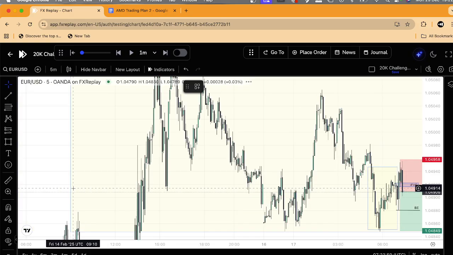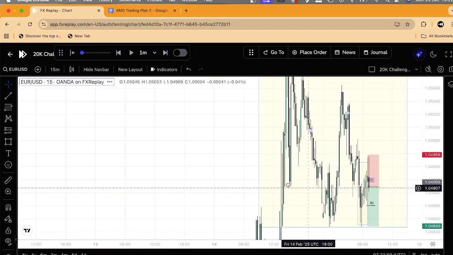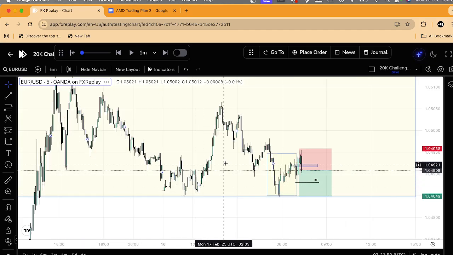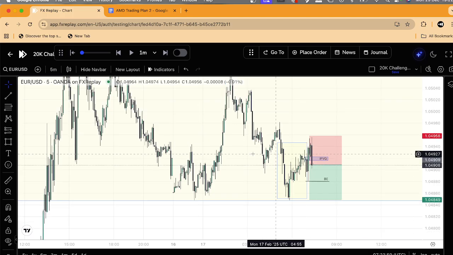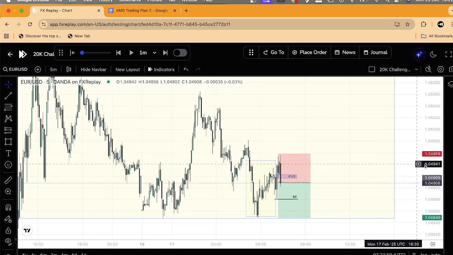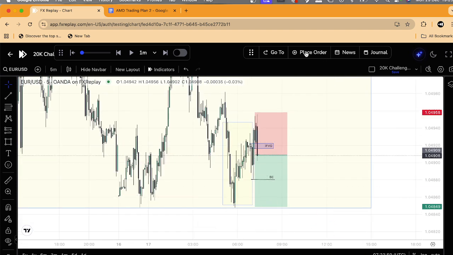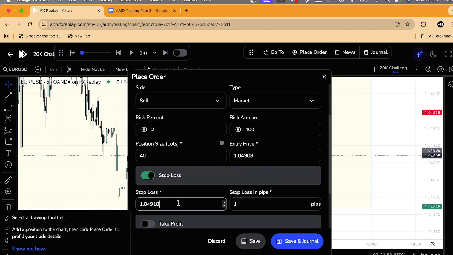Look again, if I was to take this as a trade, I possibly wouldn't have taken this iFVG here. I don't know what iFVG I would have taken there, but anyway, I'm pretty confident in this. I like it. I think everything makes sense about it.